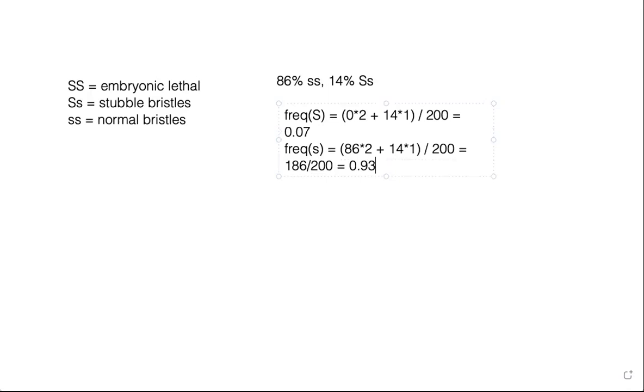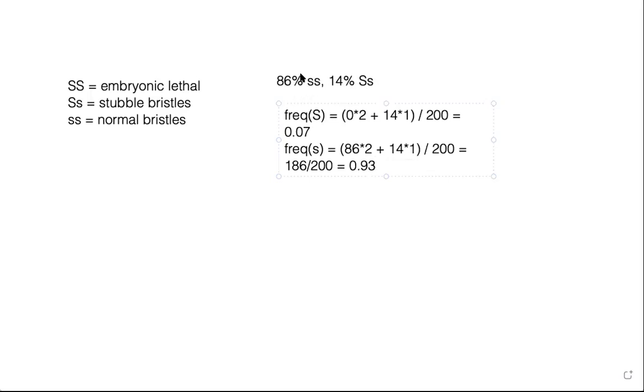You can reduce this by algebra and show that the frequency of big S right here is just the frequency of homozygotes plus half the frequency of the heterozygotes. So it's 0% plus 7%, which is 7% or 0.07.